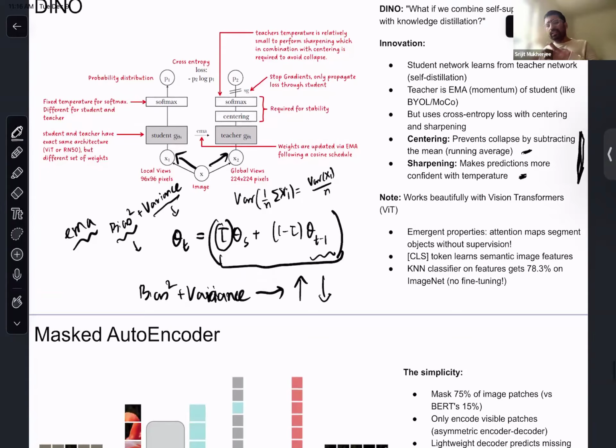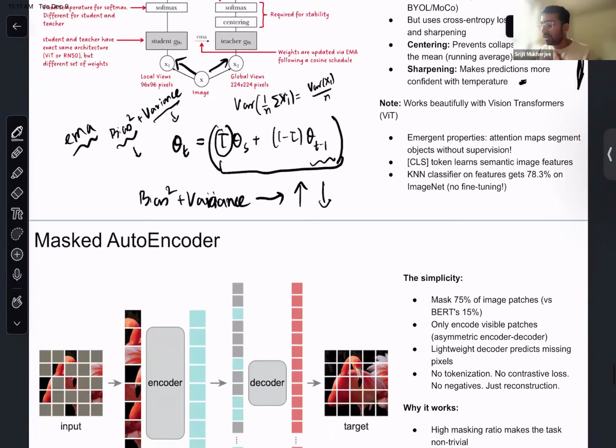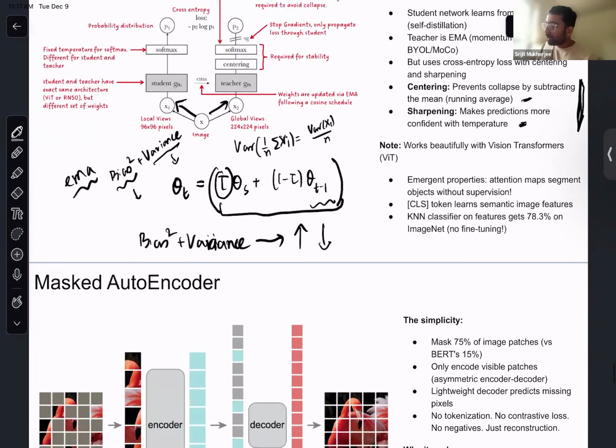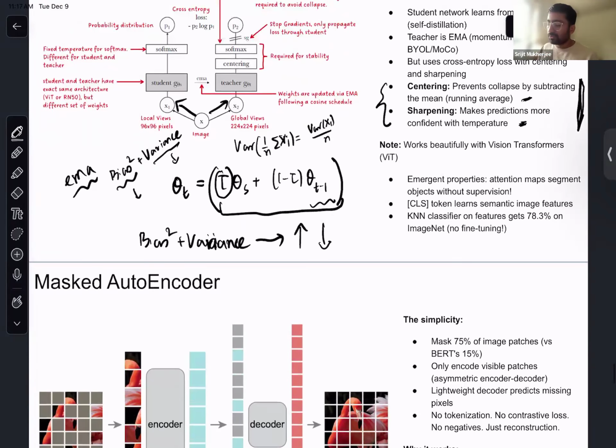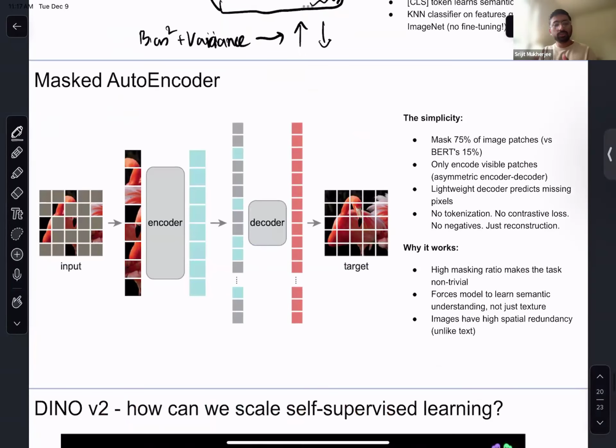But another important thing, and let me tell you how this entire thing progressed. There are a few measures, like sharpening of the temperature or the distance, which also help in reducing the collapse. There's some simple mathematics that needs to be discussed. But let's move on to what happened in the future aspects of DINO.